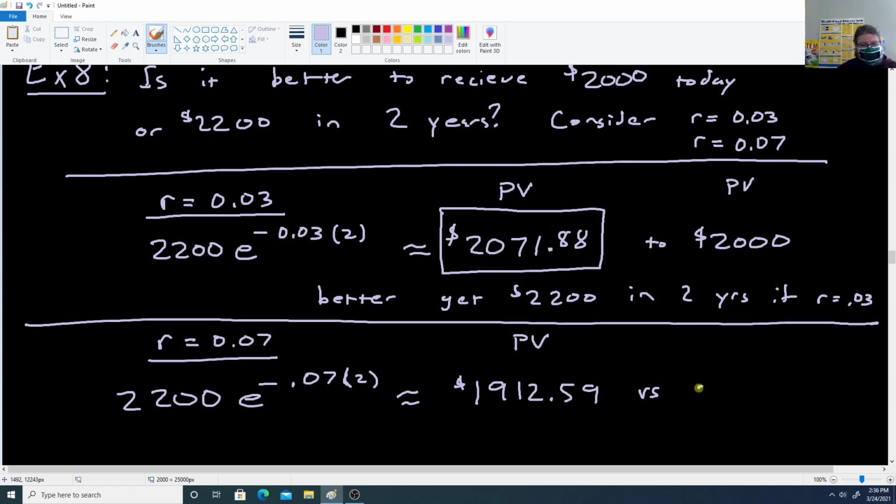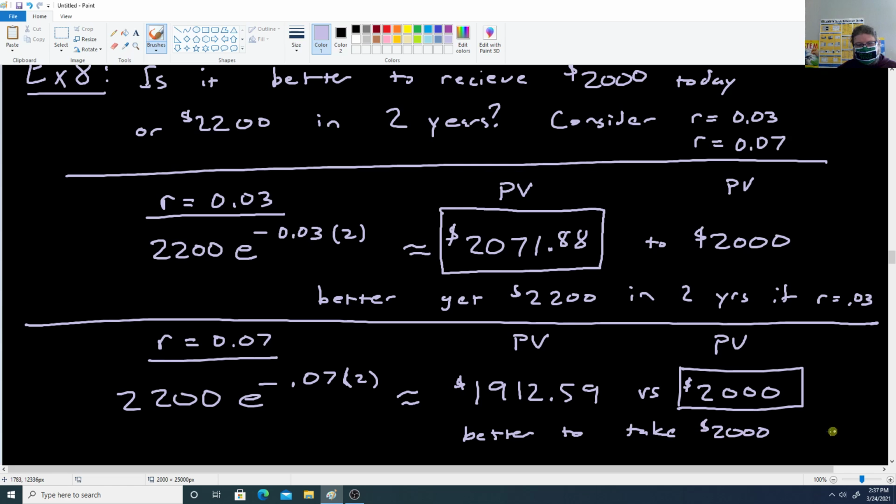So you're comparing that versus $2,000 of present value money. So in this case, it would be better to take the $2,000 now, because you could take that $2,000, invest it at the 0.07, and after 2 years, you would end up with a value bigger than $2,200. So in this case, it's better to take $2,000 now if the R value is 0.07.